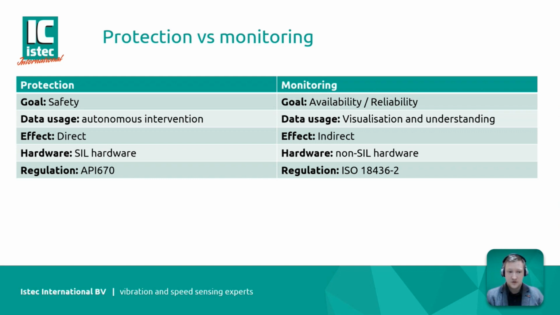It's a very good regulation and gives a lot of insight if you want to know what to consider when looking at your protection scheme. With monitoring, there are a lot of ISO standards; the ISO 18436 provides a lot of insight into what condition monitoring and also the training of staff should consider.